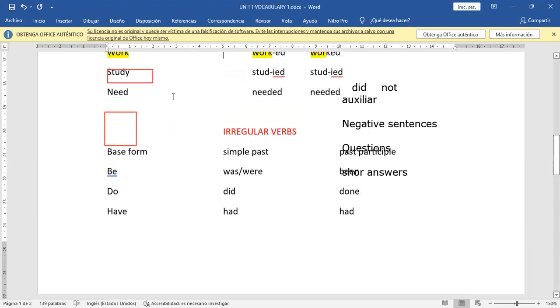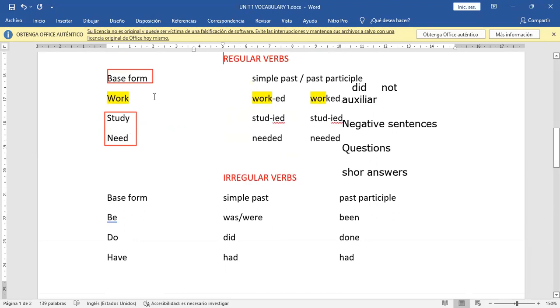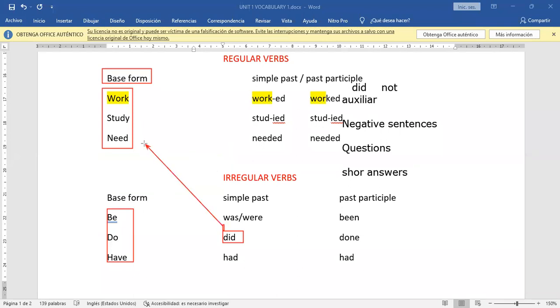And that's why it says plus a verb. Also work, study, need, we use to organize negative sentences. We use the base form and the auxiliary did working as an auxiliary with this base form of the verb.